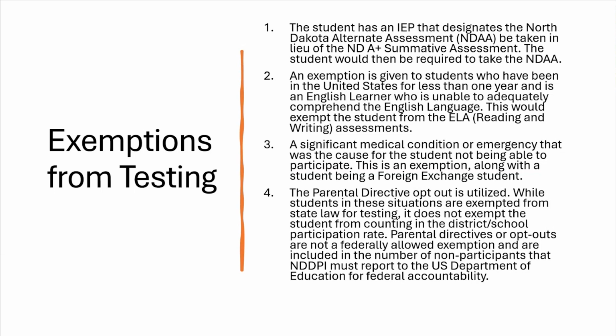There has to be a code associated with these students. They have to be accounted for somehow within the system. But they're non-participation codes, and we'll go through all that when I get into the Atom system, and they can be entered at any time. So there isn't a window for those like there used to be in previous years of testing.